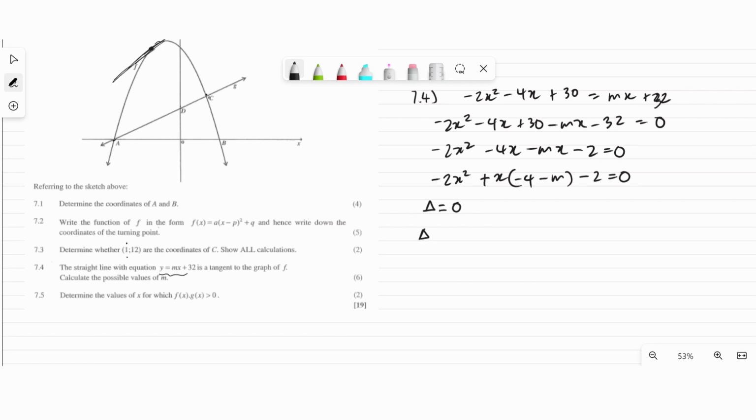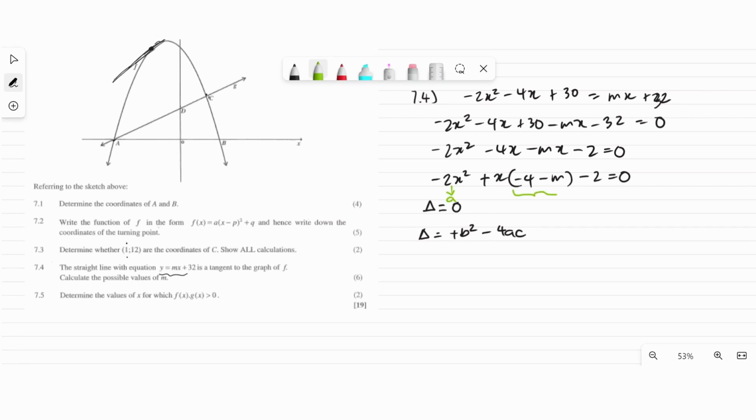But we know that delta is going to be equal to, not negative b, it's going to be b squared minus 4ac, right? So we need a, b, and c. From this part, we need to find a, b, and c. So the -2 is going to be a.